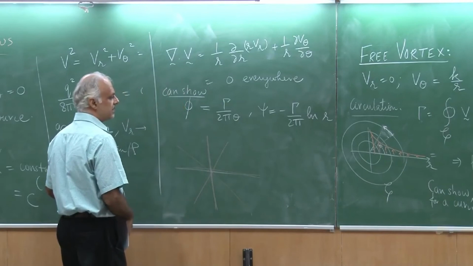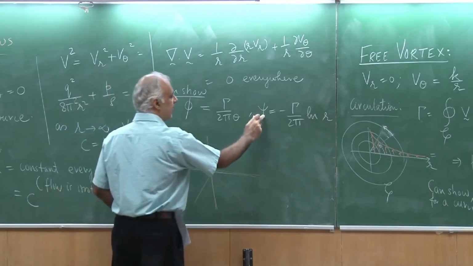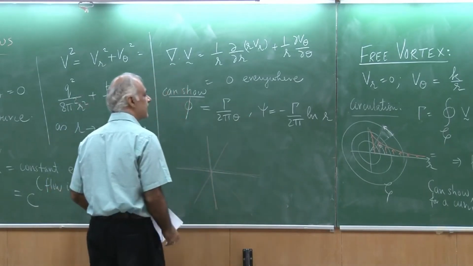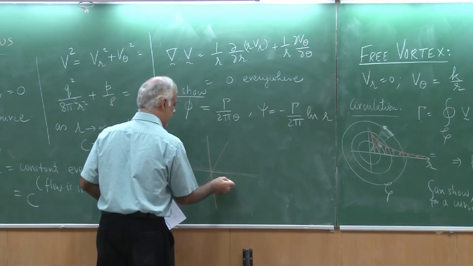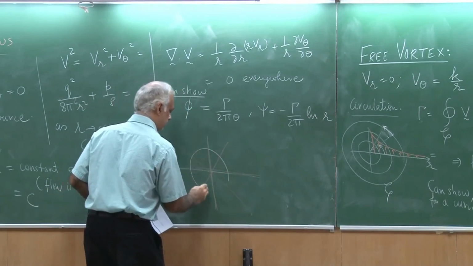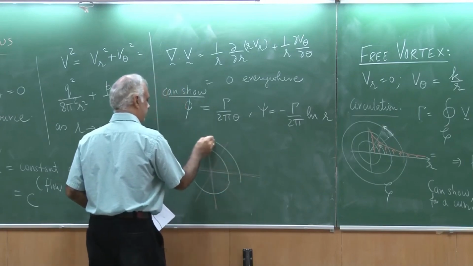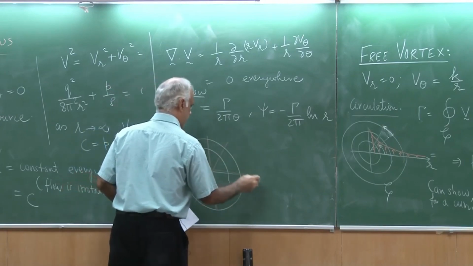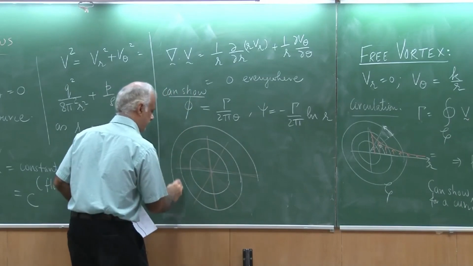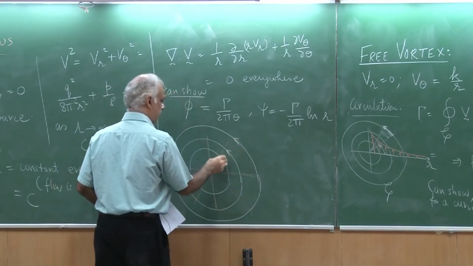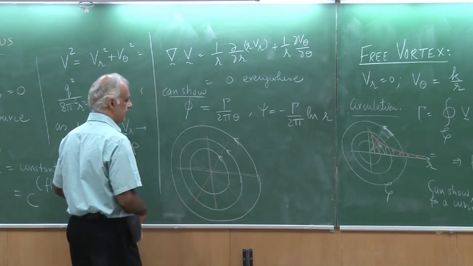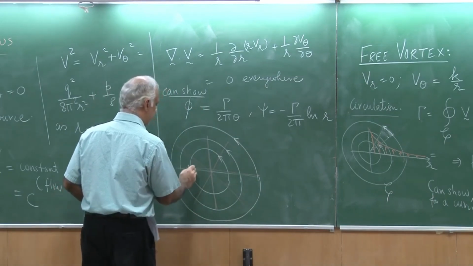These are my equipotential lines, and the stream lines are going to be essentially lines where I have... these are my stream lines.